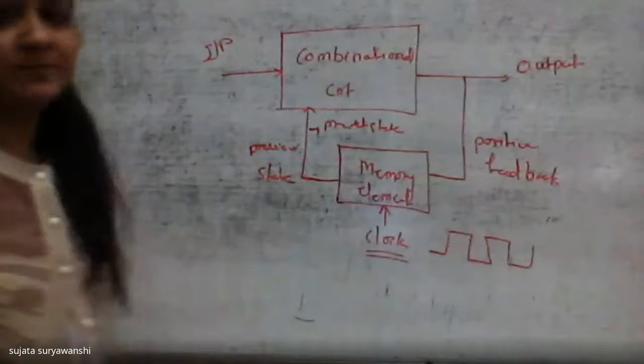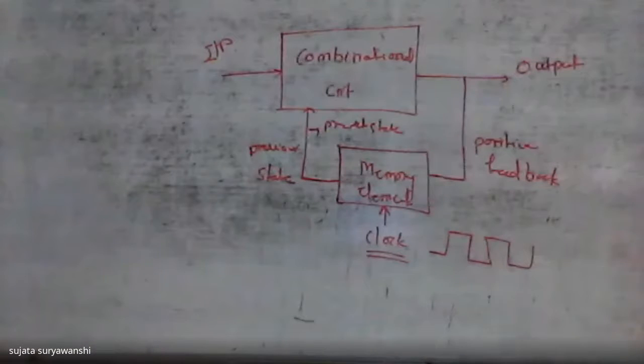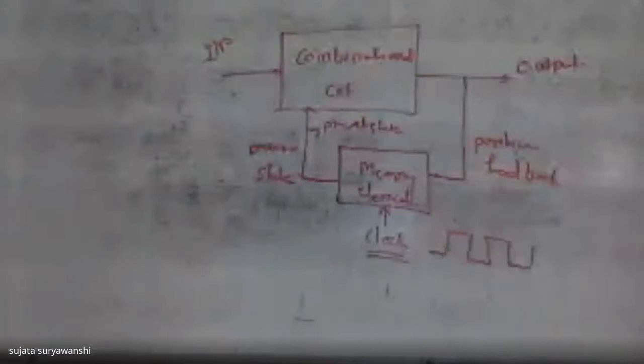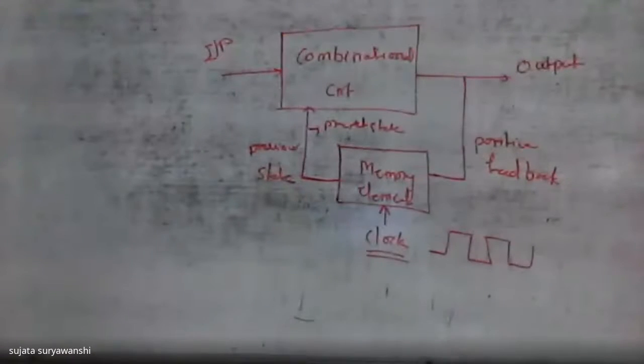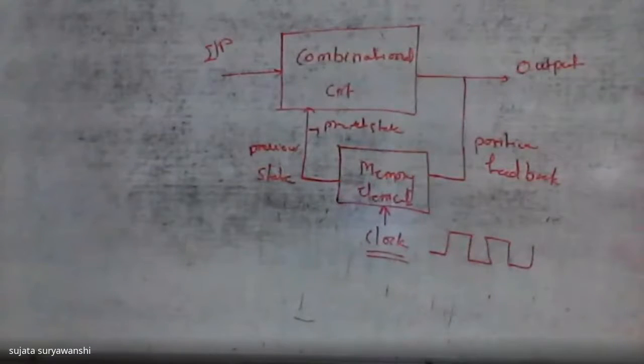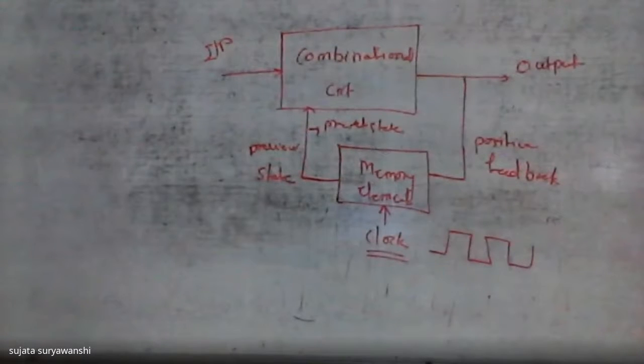A repetition of the next step. The combinational circuit operates on the external inputs and the present state to produce new outputs.